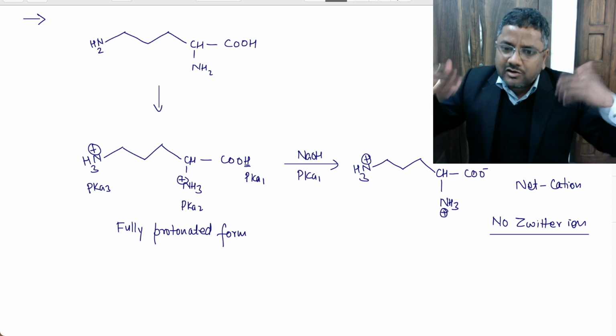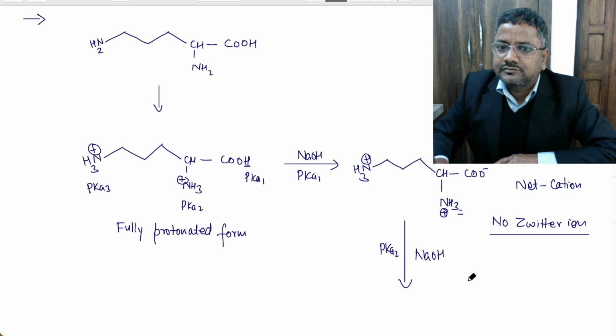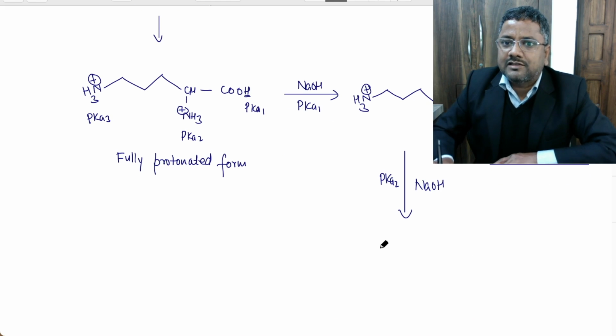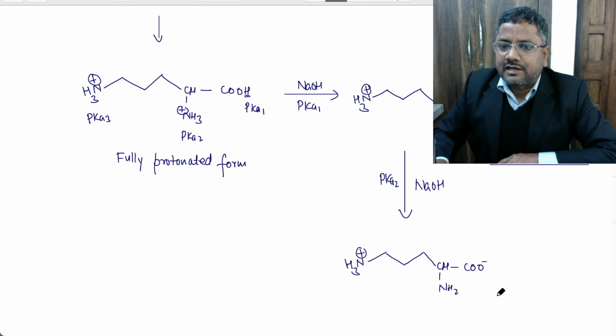Now keep on adding NaOH and identify the second endpoint. This time this hydrogen will go, meaning pKa2 is used here. So after the second endpoint, what do you get? Now see, this is a zwitterion.